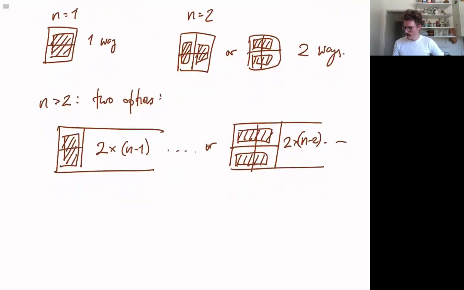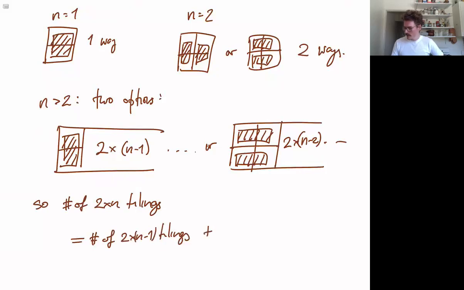And we conclude from this that the number of 2 by n tilings is equal to the number of 2 by n minus 1 tilings plus the number of 2 by n minus 2 tilings.